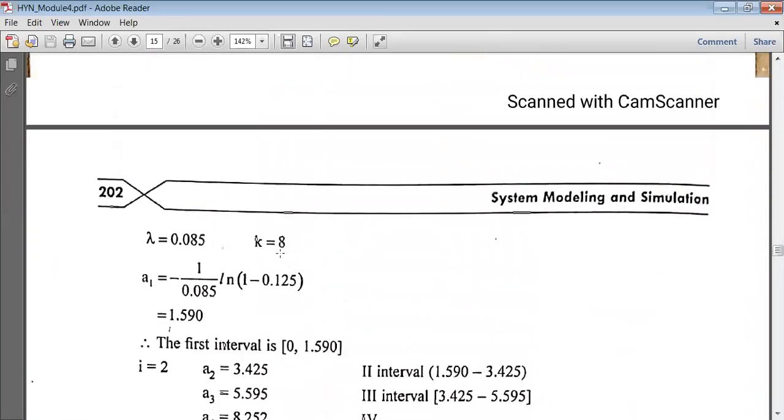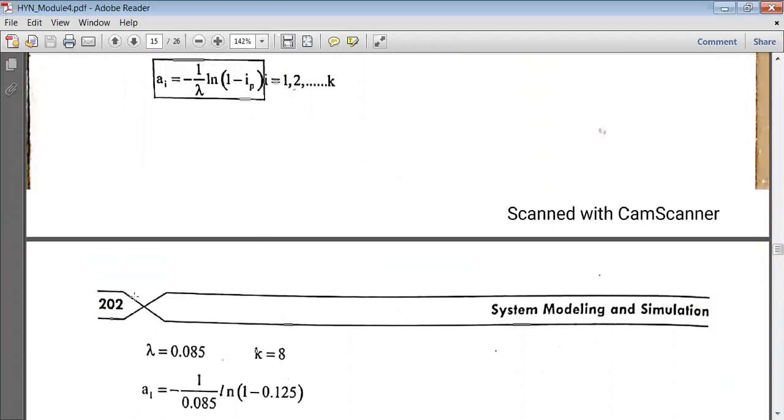So n is 50 here, the total data is 50. So 50 divided by s, you will get the value of k. This is the class interval.